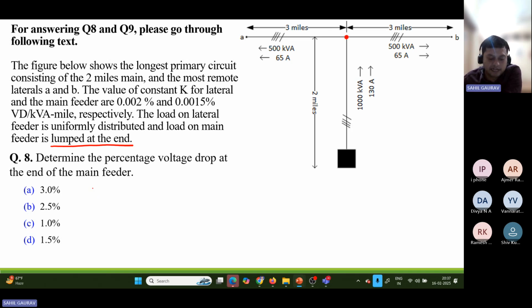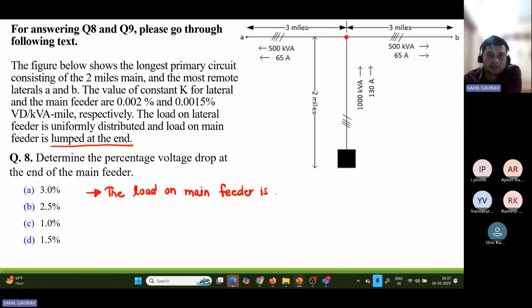So first write the important points here. The important point given for the main feeder is that the load on it is lumped at the end.